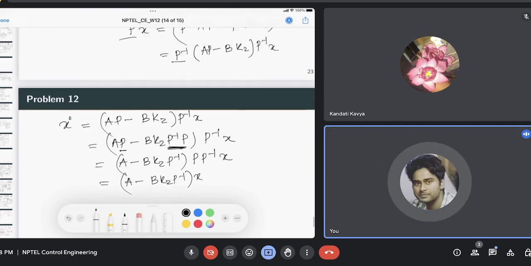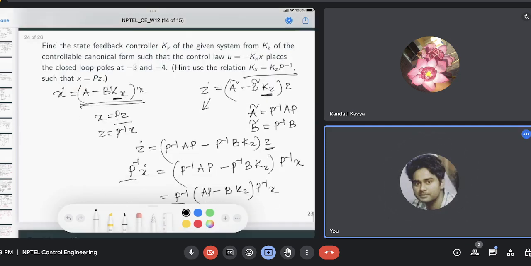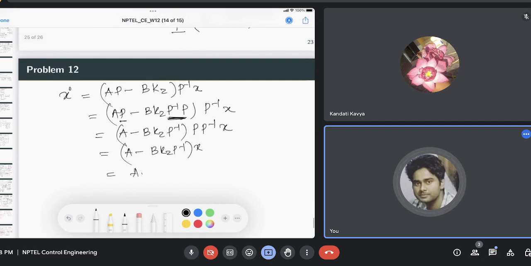So we compare this with the original one, which is A minus B KX x. From that you can easily see that KX is KZ into P inverse, right? You can just compare these red colored ones.